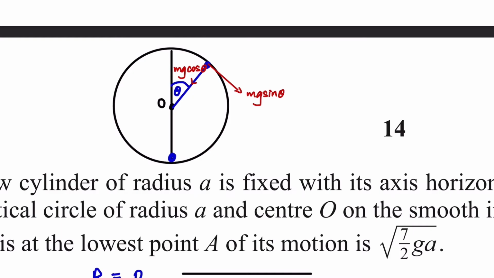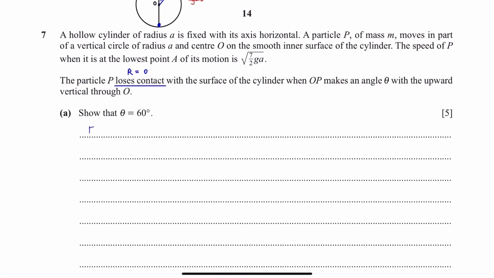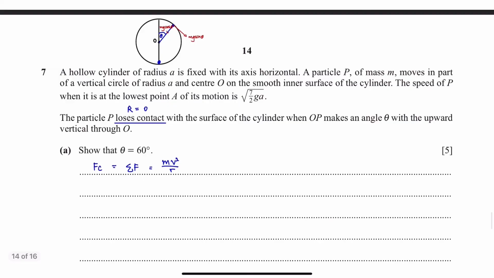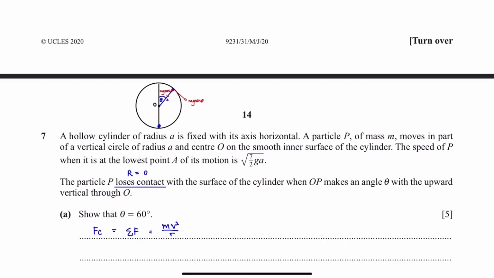So we know that the centripetal force is equal to the net force, and it's also equal to m v squared over r, r being the radius of the circle. So radius, we know that it's a. And we can start doing it.